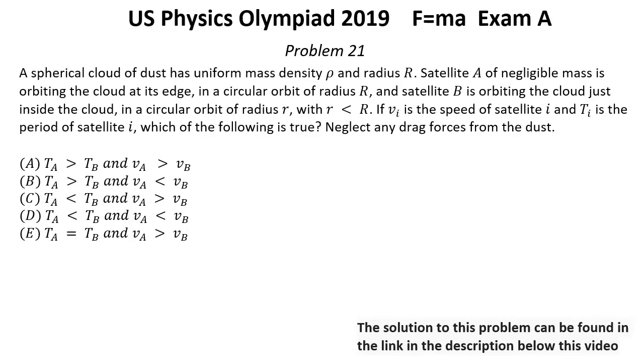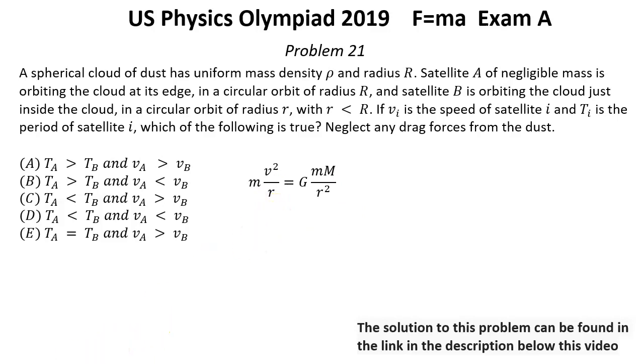The force from the outside part of the cloud is 0. So we have the equation m v squared over r equals G m M over r squared, where M is the mass of the part of the cloud inside a sphere of radius r.